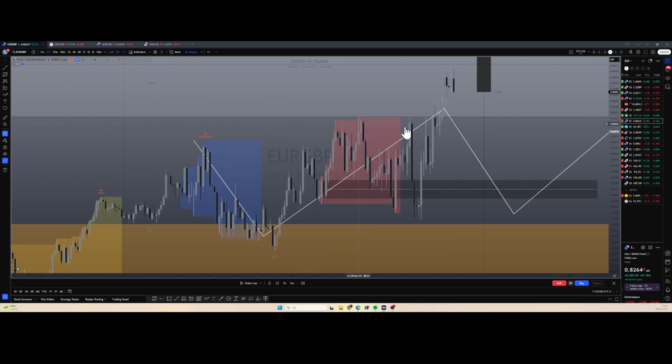So on the MT5, this was not a higher high, this was indeed a lower high. So when I saw that there was some kind of indecision or manipulation, with how I saw that the data was not correct, right? So on forex.com, this said that this was a higher high, but on the MT5, it said that was a lower low.